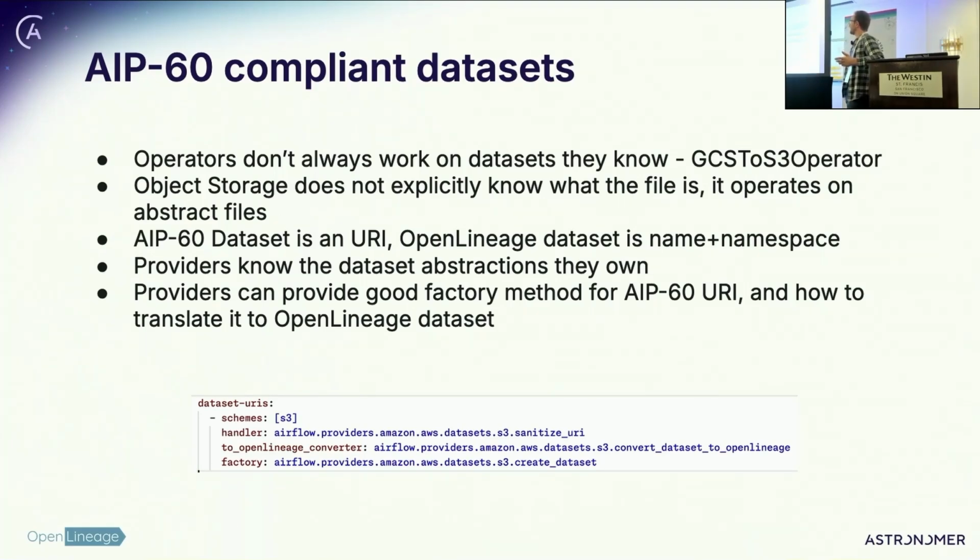So what we do is the providers, like the Amazon provider or GCP provider or some SQL provider, own those datasets. So the Amazon provider owns the S3 schema. It knows how to sanitize the URI, how to convert it to OpenLineage, and how we would create this dataset from those URIs. So the translation between those two formats is pretty much obvious for us.